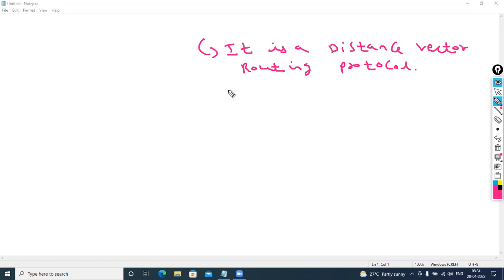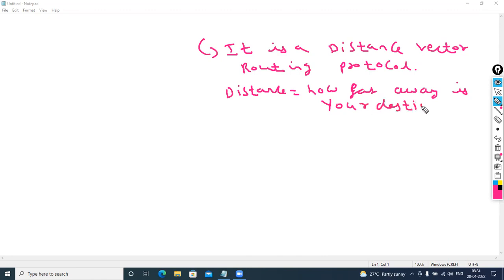Least distance. What I mean by distance is how far away your destination is. It will tell you how far away your destination is. And vector means it will tell you the direction as well.